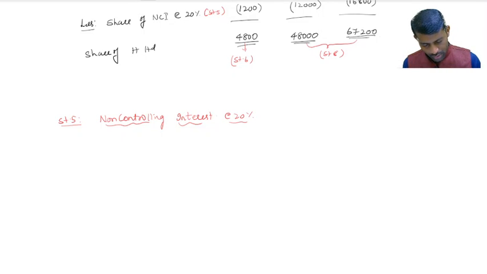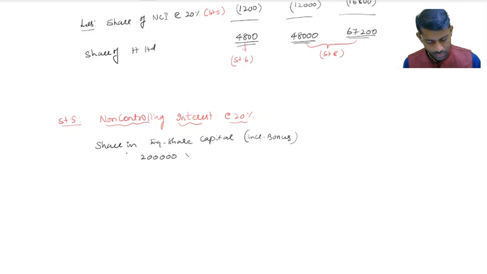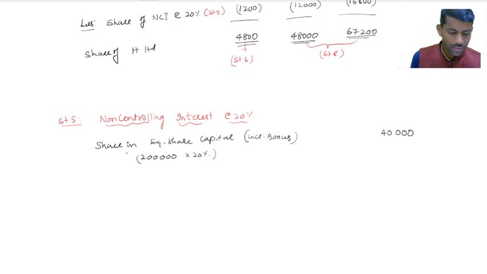First is share in equity share capital. Including bonus, it is 2 lakh into 20%, which amounts to 40,000. Then capital profit.